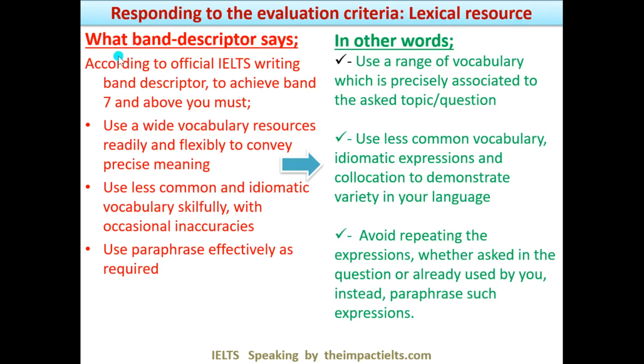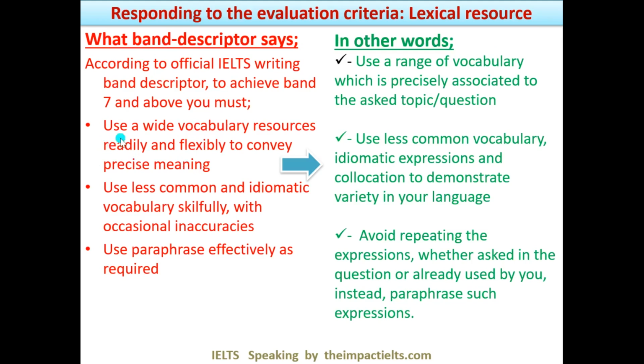Again, as you have seen in the previous video, the left-hand side is the criteria defined by Cambridge in the form of band descriptors. On the right-hand side, we have the explanation of this list of band descriptors, right? So let's begin with this.